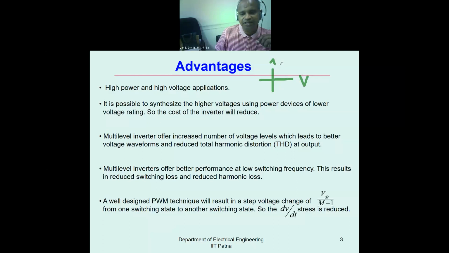And initially, when you don't apply a gate pulse, you will see that it will follow some curve. So this voltage is the breakover voltage, okay. This breakover voltage means at this voltage, you have a PN, for example, IGBT or thyristor. There are 4-layer devices, PN junctions.